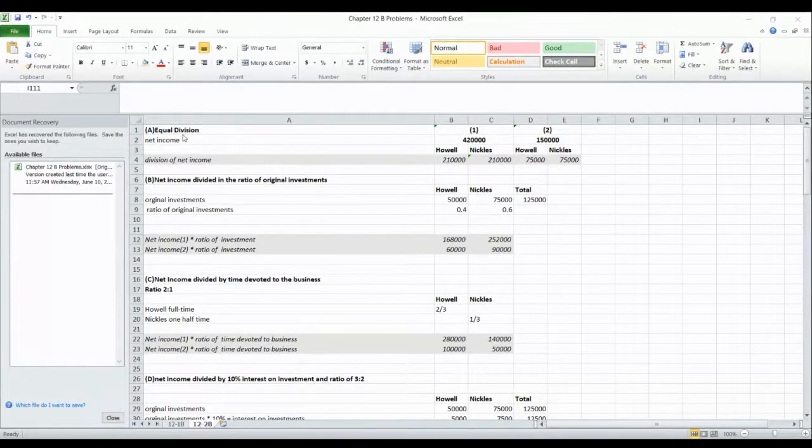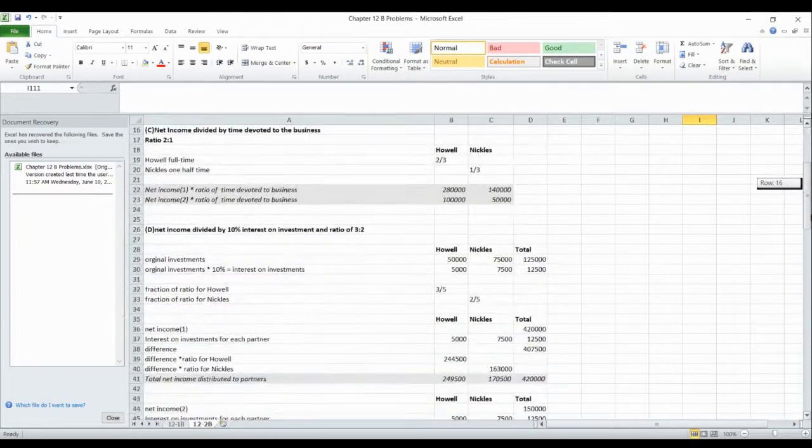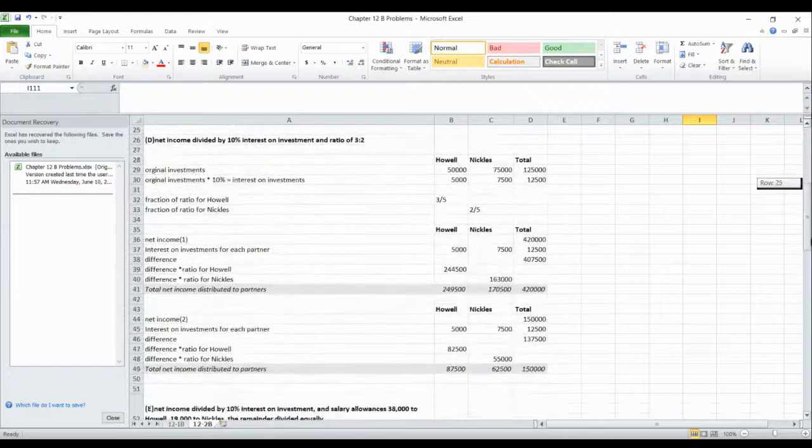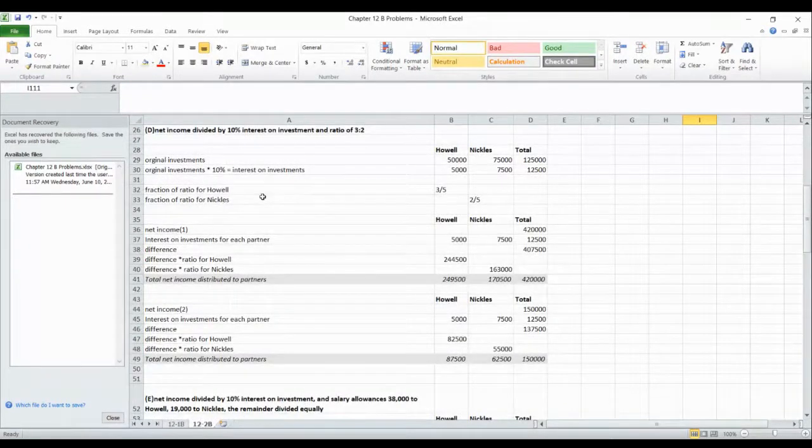We've already done Part A, and Part B, and Part C. So what I want to concentrate on is Part D. Part D in Cengage told you that the net income was going to be divided by 10% interest on their investments and a ratio of 3-2.